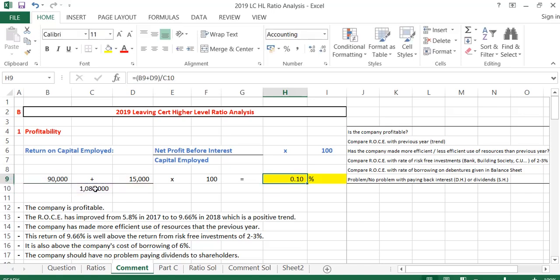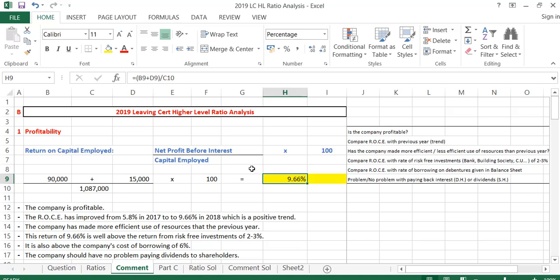And that works out to be 10%. So return on capital employed, and again I should probably just do that to 2 decimal places, which is 9.66%. So the profitability of the company is 9.66%.